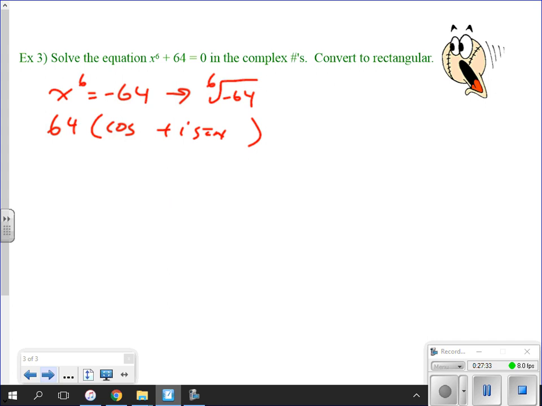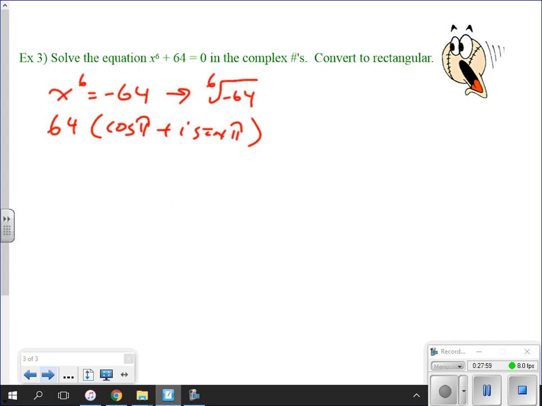Pi. If I put pi in here, will that give me negative 64 if I convert it back to rectangular coordinates? Cosine of pi is negative 1. The sine of pi is 0, so I have negative 1 and 0. Multiply that times 64. What do I get? I get negative 64. This is negative 64 in polar form.